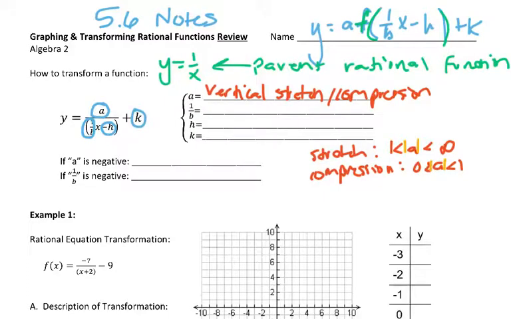Alright, then we also have the b value here, and if we look at our b value underneath here, that is going to be a horizontal stretch or compression.